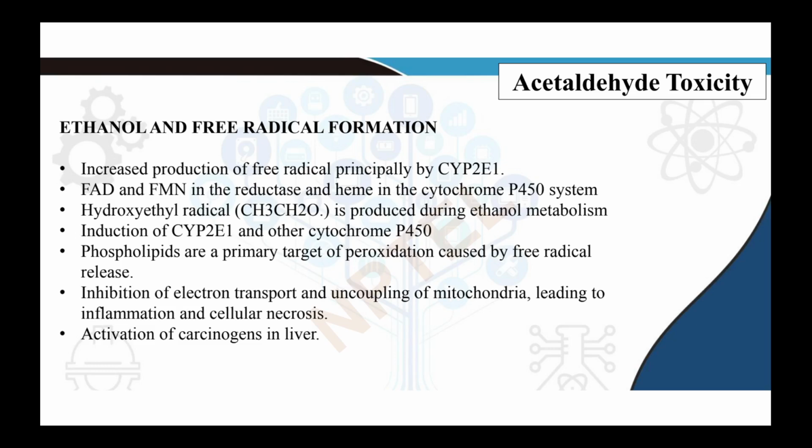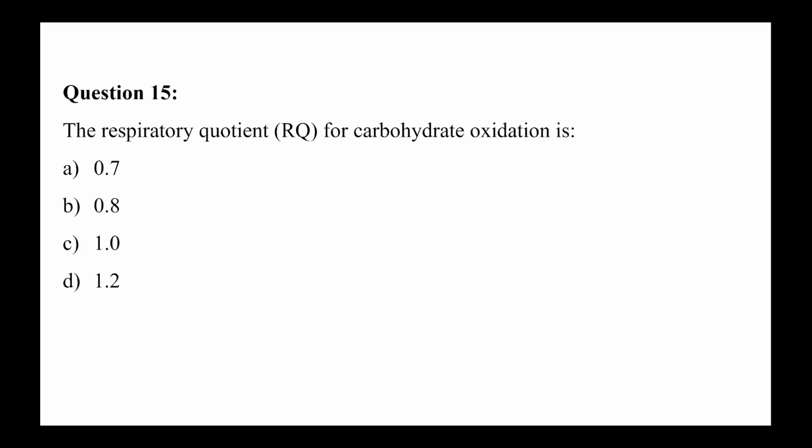FAD and FMN in the reductase and the heme in the cytochrome P450 system can be affected, and a hydroxyethyl radical forms during this ethanol metabolism by cytochrome P450. So that's another pathway which can eventually activate the carcinogens in the liver, ultimately leading to liver cancer.